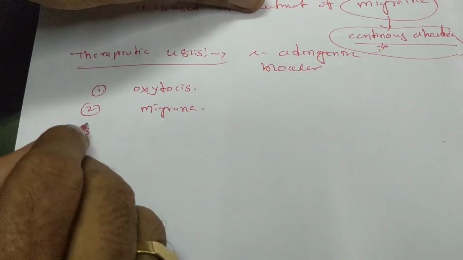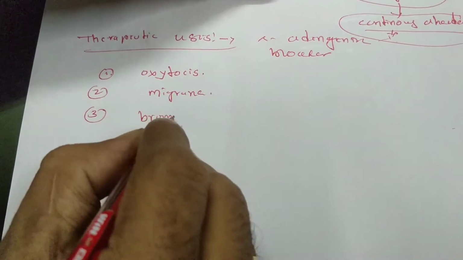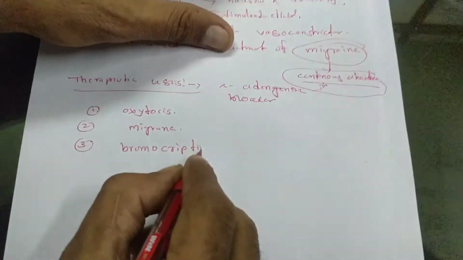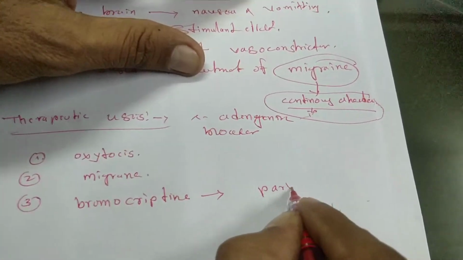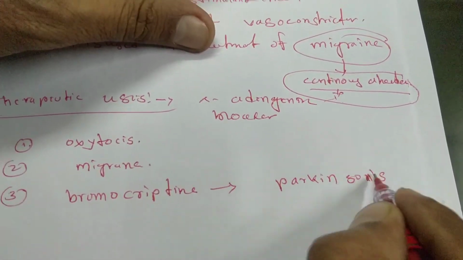Third, bromocriptine is used in the treatment of Parkinson's disease.